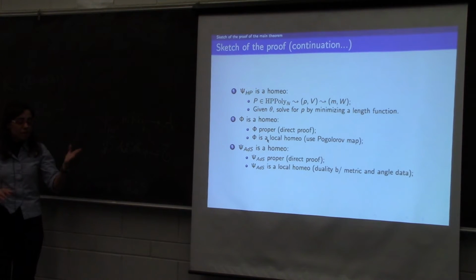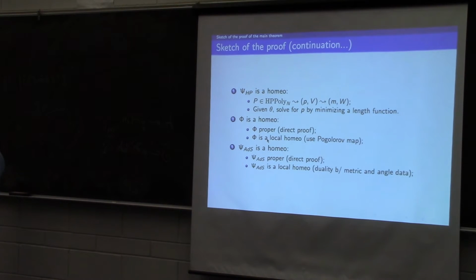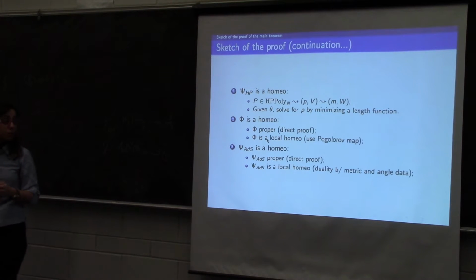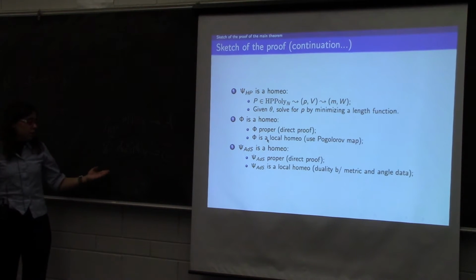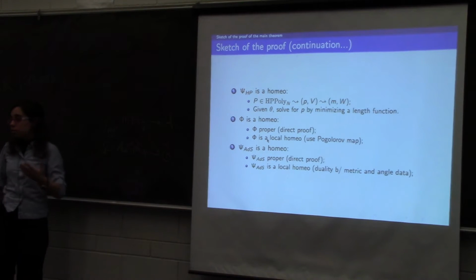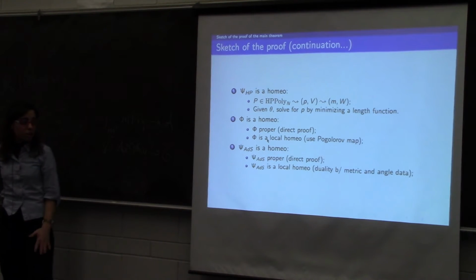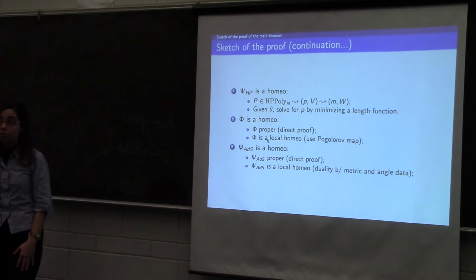Here you have the same, but instead of complex numbers, you have pseudo-complex numbers, so like a complex number, but the square is +1, not -1. These give you this duality between metric data and angle data, and then again, since we know the topology of this space, we can prove that this map is a homeomorphism.